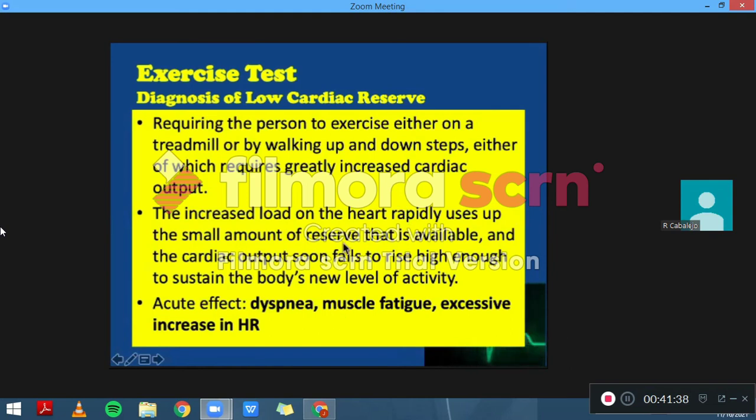The increased load on the heart rapidly uses up the small amount of reserve that is available, and the cardiac output soon fails to rise high enough to sustain the body's new level of activity.